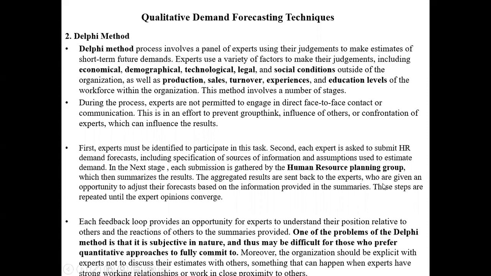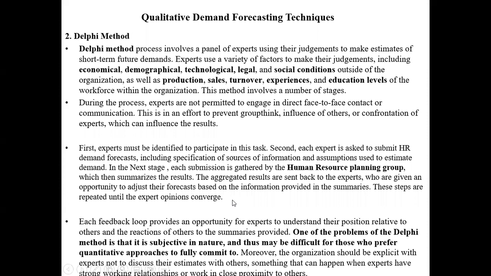And when these are sent back, it will be the first time the experts will be juxtaposing their own submissions with what their colleague experts also submitted. And they will be given an opportunity to adjust their forecast based on the information provided in the summary. And these steps will be repeated until the experts' opinions converge.